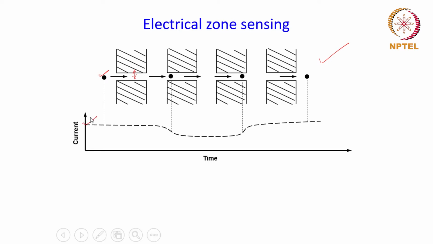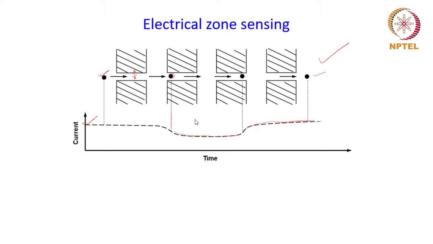As the particle enters the aperture, the current starts to drop, and you can see that drop over here. As long as the particle is inside the aperture, the current flowing is lower compared to the initial current, and the moment it goes out, the current comes back to the initial value.